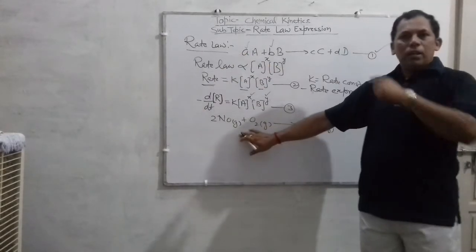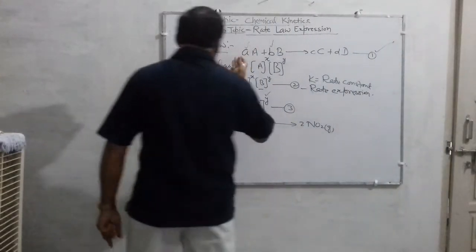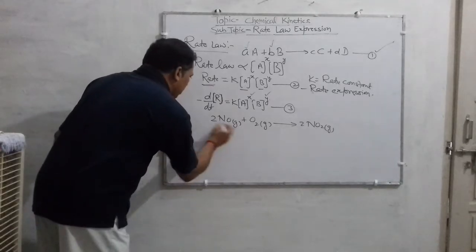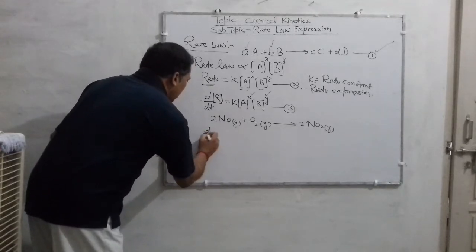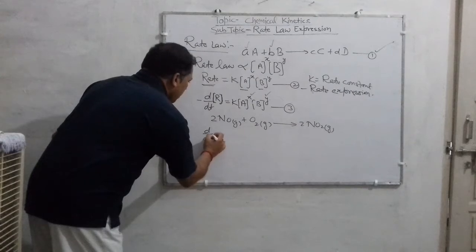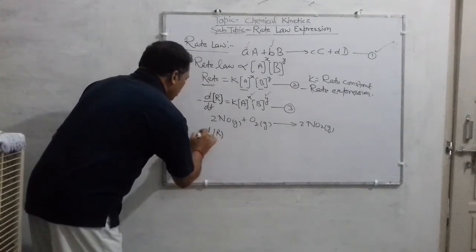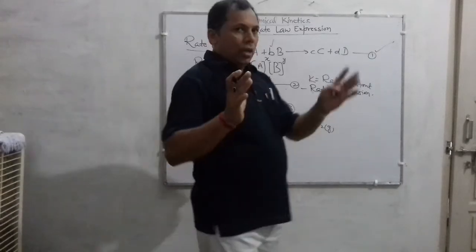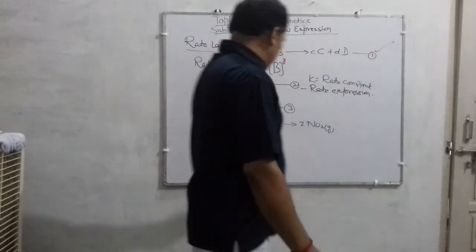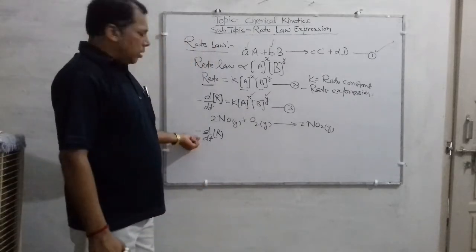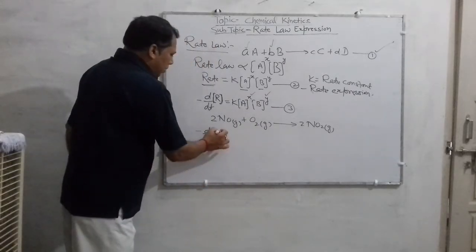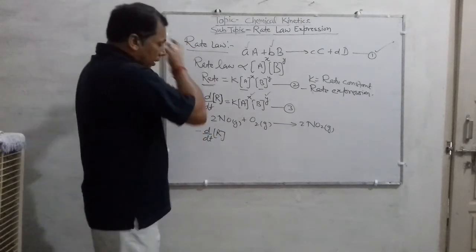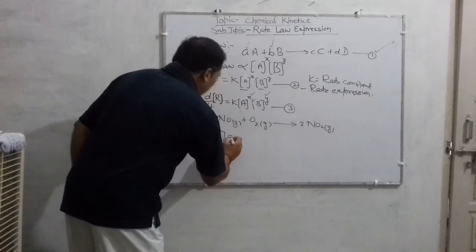In the same way, children, we can determine the rate law of this reaction. The rate law can be written as d by dt of R, and you know that the rate of reaction is always denoted, in the case of a reactant, with a negative sign. So minus d by dt of R.